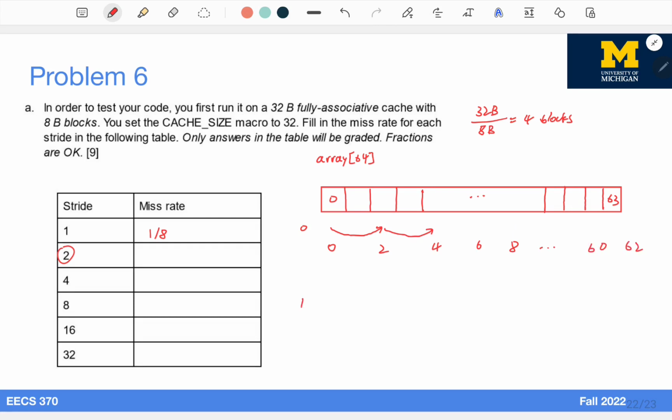And in the next outer loop, it will start at index 1 and increment its index by 2 every time. So its access pattern should be 1, 3, 5, 7, 9, and so on.